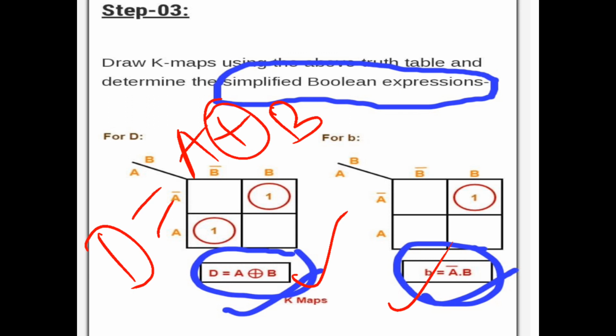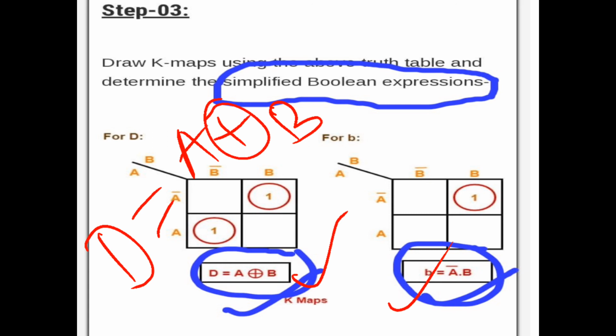The third step is a very simple one. It is all about the Boolean expressions. There are two fundamental Boolean expressions that one must learn: D stands for difference, and the Boolean expression for D is A XOR B. We can also use K-maps to generate the Boolean expressions for this half subtractor.